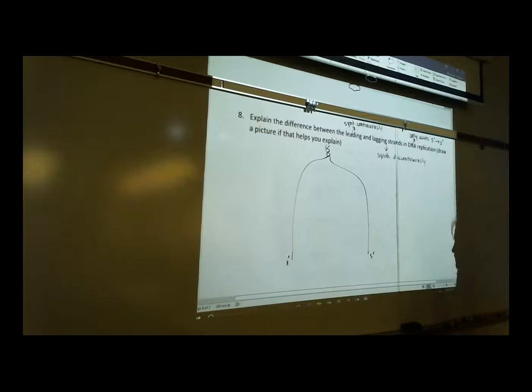All right, so what does that mean? Remember when we talked about the process of DNA replication occurring only in one direction at a time, right? That means that we can only go 5' to 3' at once. We can't have one side going 5' to 3' and the other side going 3' to 5'.